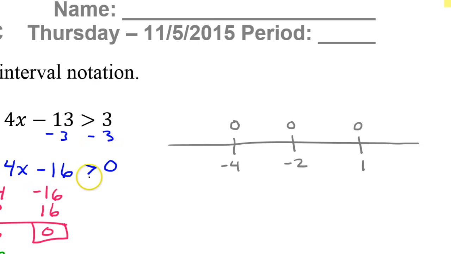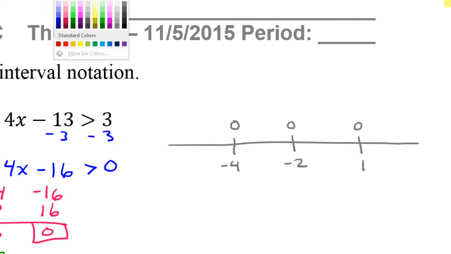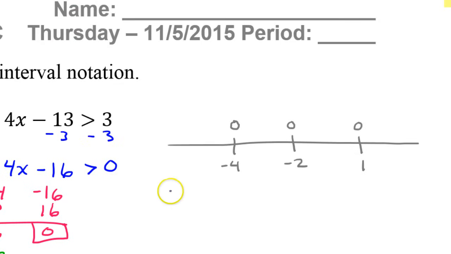If this had been or equal to, then I would have filled these in, but it wasn't. So all I need to do is test a value in each one of these zones and see if these numbers are solutions or not. If they are, I'll draw them in. Okay, so I'm just going to set up a little table to organize my work.